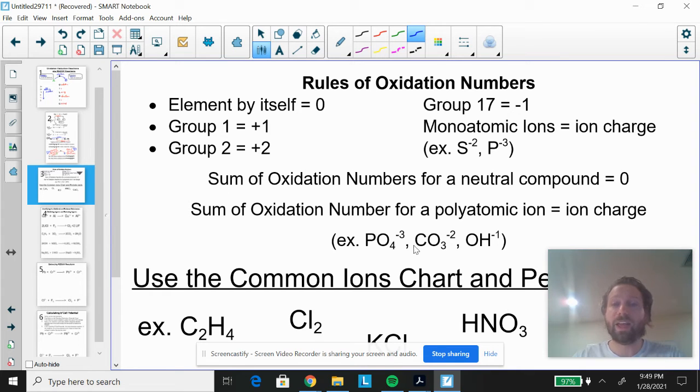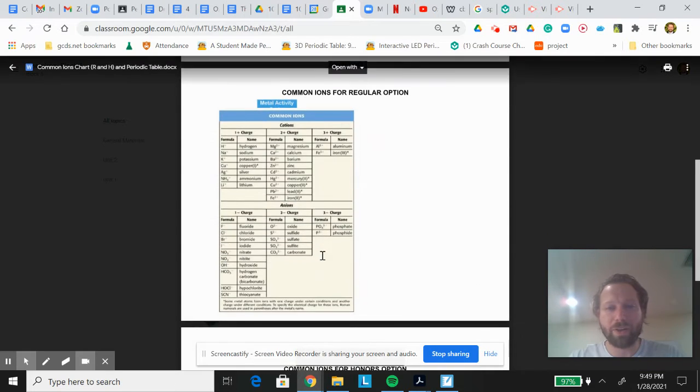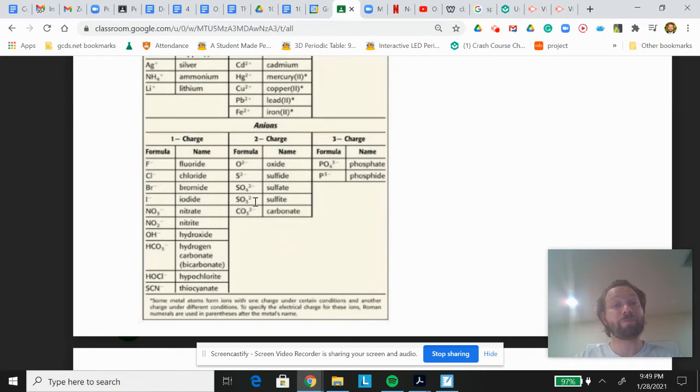In that case, and in the case of the polyatomics, which you see here as a rule right below at the bottom, the oxidation number for a polyatomic is just the ionic charge. So these are some of the examples here. If you go to the periodic table and then go down, you'll see that these polyatomic ions have charges. You might not have thought of this, but these have particular charges because the charges of the individual elements within that make -1, -2, or -3.